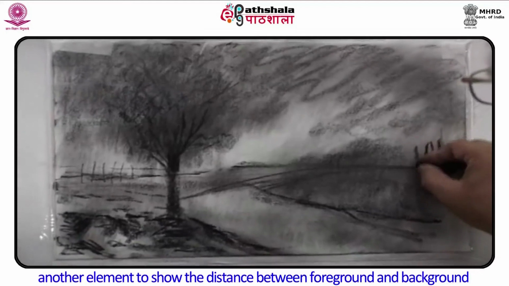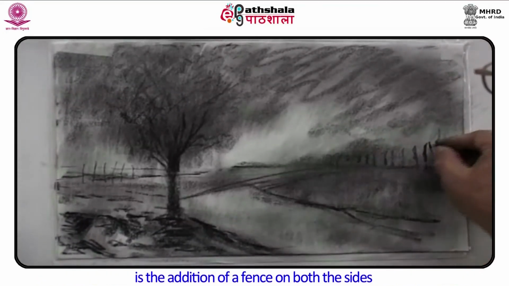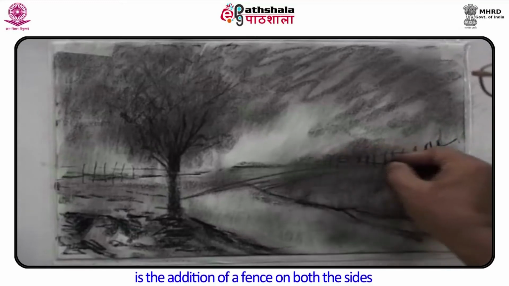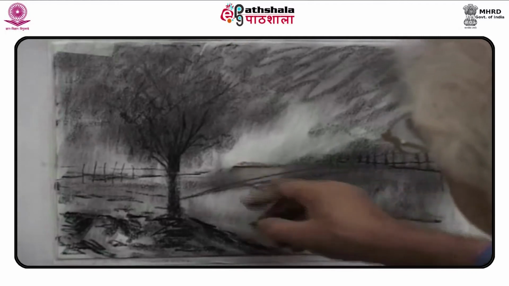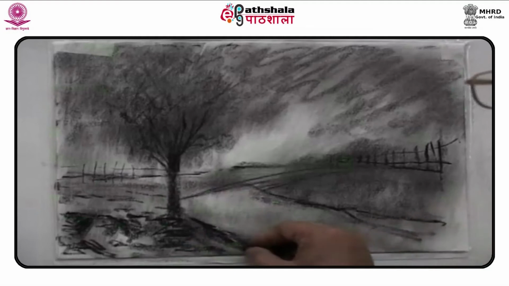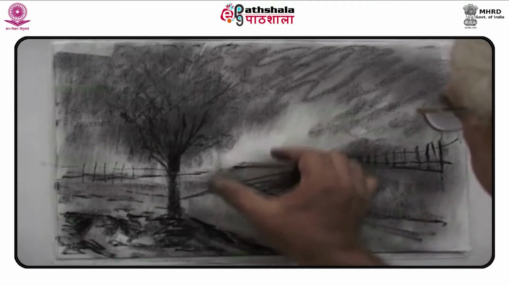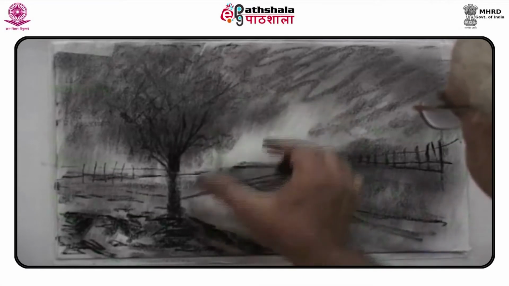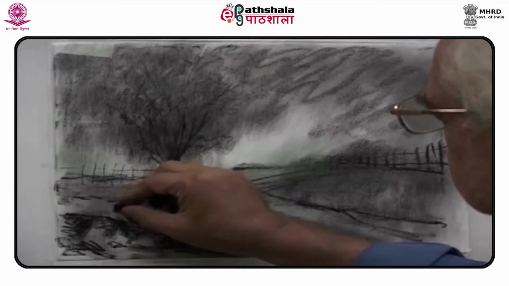Another element to show the distance between foreground and background is the addition of a fence on both the sides. The closer the line, the longer it is. One can see how even a fence is leading to the focal point by getting smaller and smaller as it gets closer to the horizon.